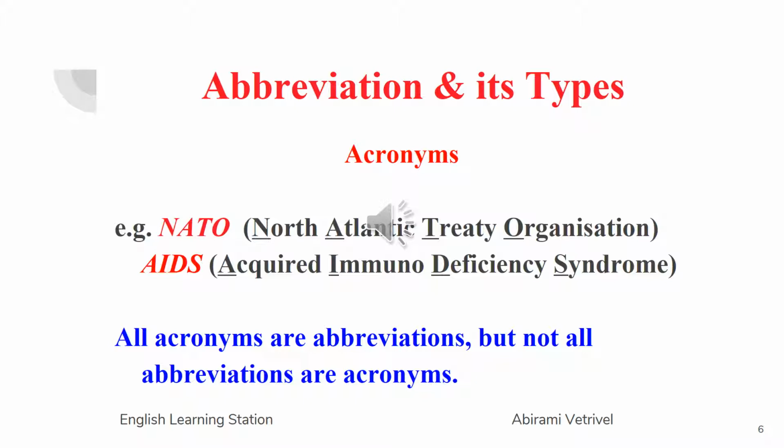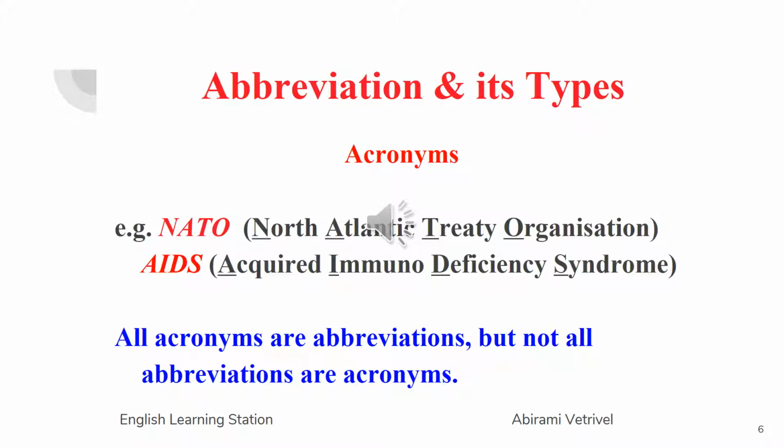For example, CIA and FBI. In these examples, the first letter of every word in the term is taken and we utter every letter separately. We do not form a word out of it. So that is what we call initialism.